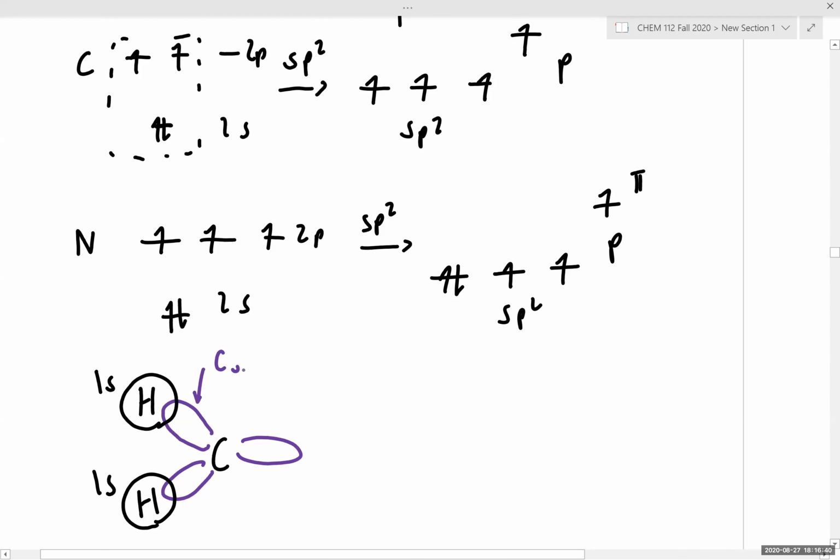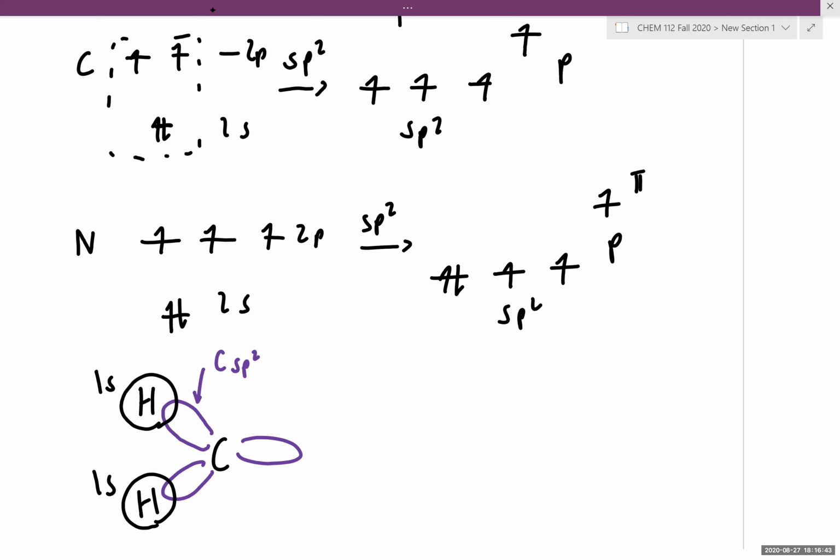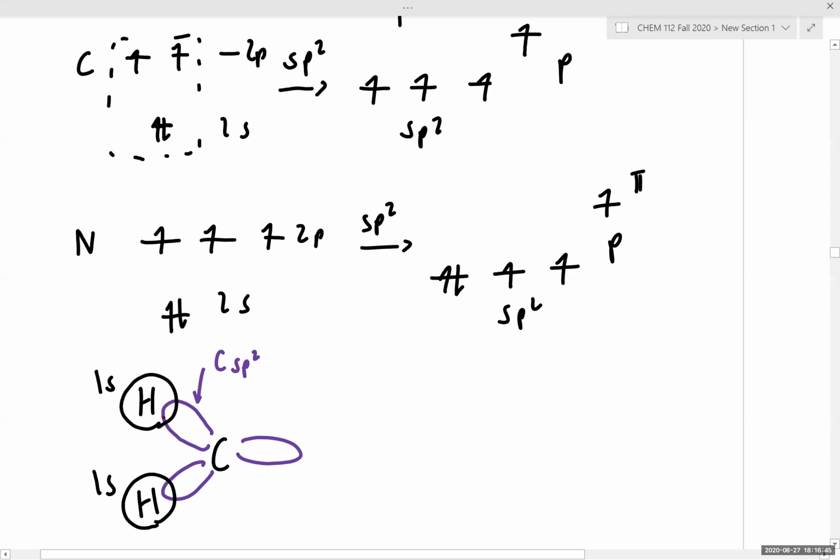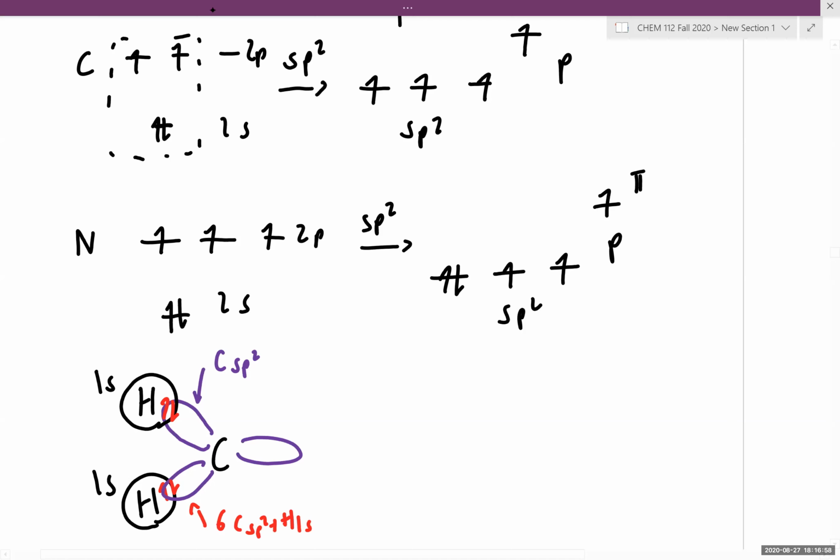So this is our carbon sp2 orbital. And after overlapping with our hydrogen 1s orbital, we'll form a sigma bond.